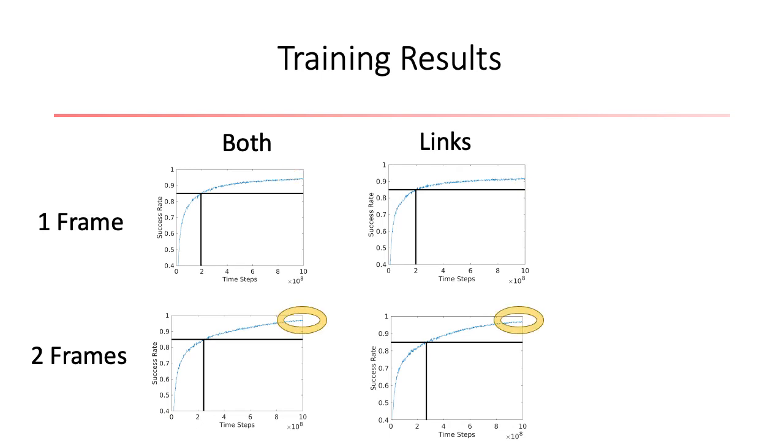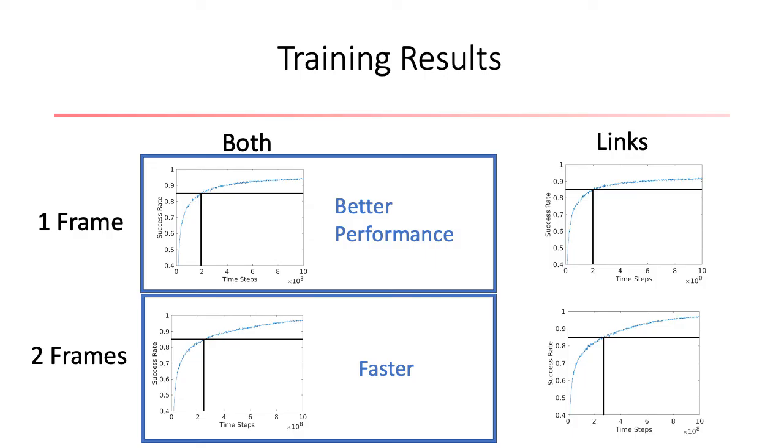However, for 2 frames, links and combined each reached about the same final success rate, near 97%. Compared to links, policies with combined joints and links reached better final success for 1 frame, while for 2 frames the policy learned a little faster.